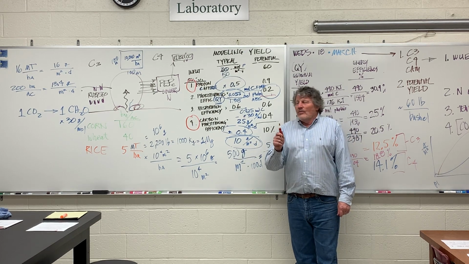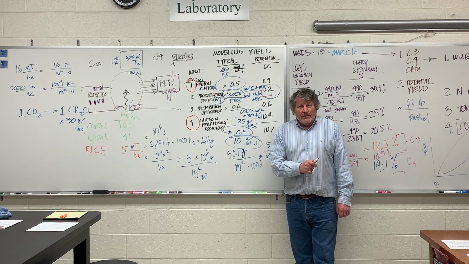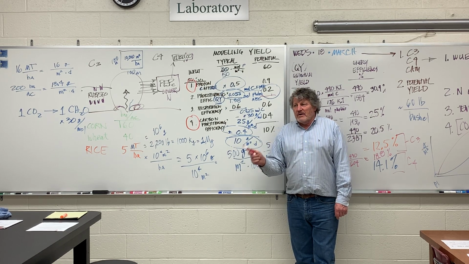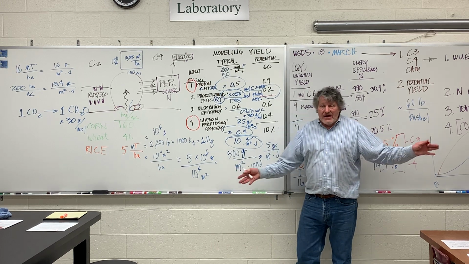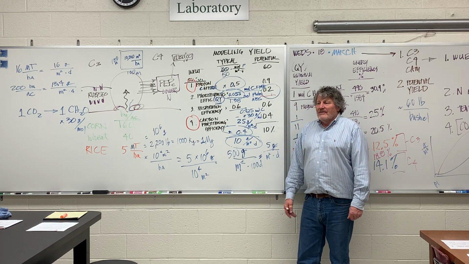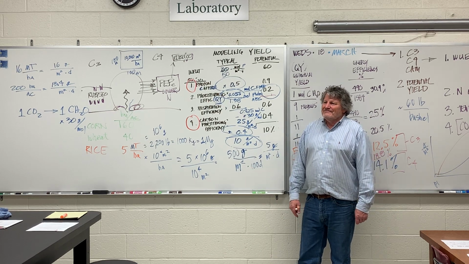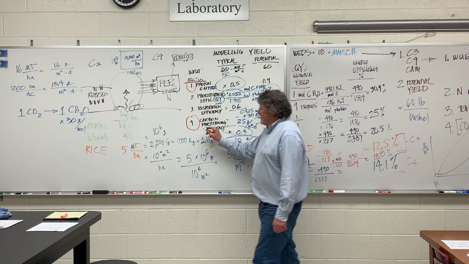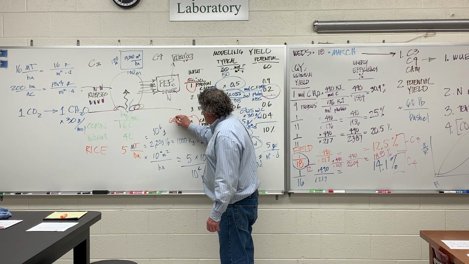Now, one of these 2 has been improved by plant breeding, and one has been improved by cultural procedures. They're both equally important for a dramatic increase in yield. Which one is improved by plant breeding? Carbon partitioning. Yeah. This is breeding, genetics.